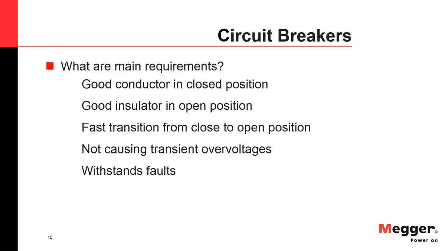When circuit breakers were introduced in the early 1900s, there was a big discussion if that is even an advantage. Nowadays, with these fast mechanisms and spring-loaded mechanisms, they are way faster than any human could mechanically switch. When the circuit breaker is operating, it should not cause transient overvoltages.